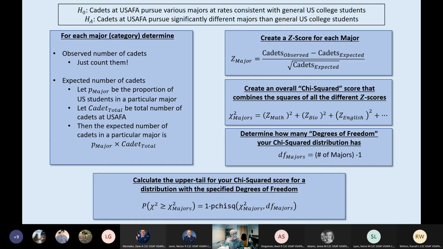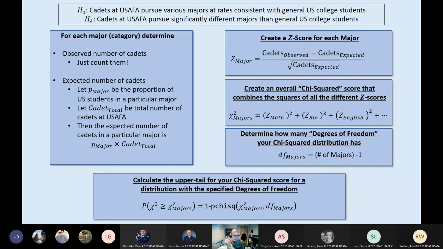And so because of that, because we square and we're dealing in positives, the way we measure that is purely from the upper tail. There's no concept really of the lower tail or caring about the lower tail like there is with the normal, because the chi-squared statistic, in a best case scenario, is going to be 0, right? If all of our observed is exactly the same as what we expected, then all of our z's would be 0, and we would get a chi-squared of 0, and that's the smallest value we could get.